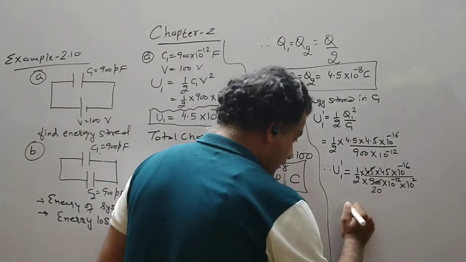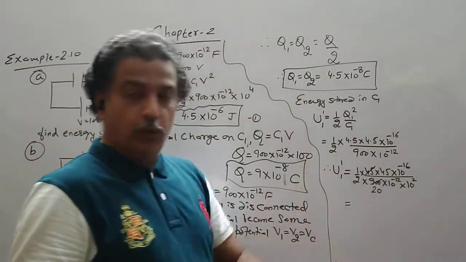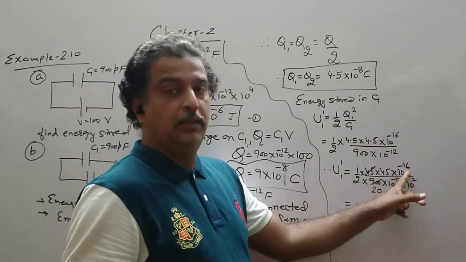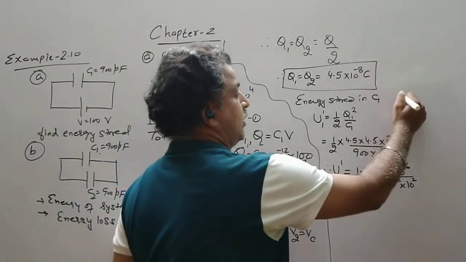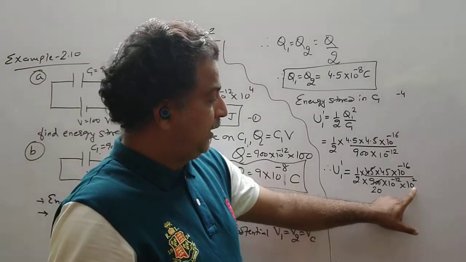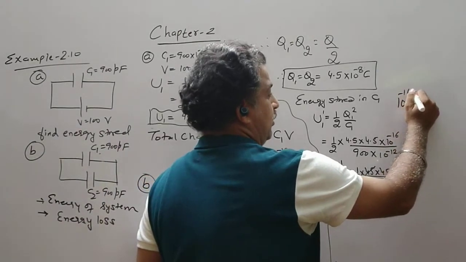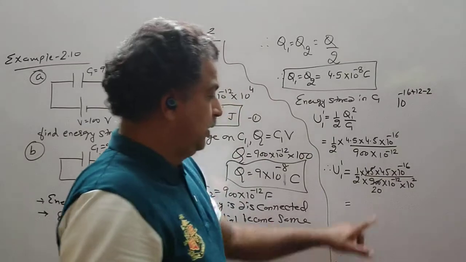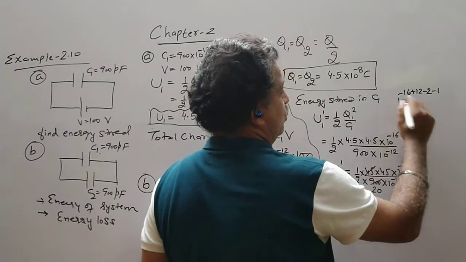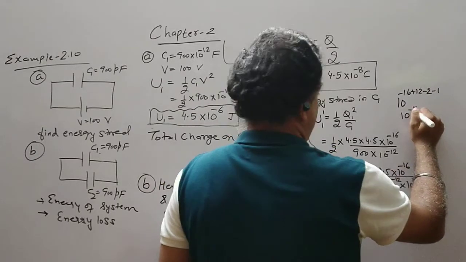Then this is equal to 45 divided by 4. Now I take the power first, minus 16 plus 12, that is minus 4, minus 2, and I take this 20 also, so minus 1. So it becomes 10 raised to minus 4 minus 2 minus 1, that is minus 7.